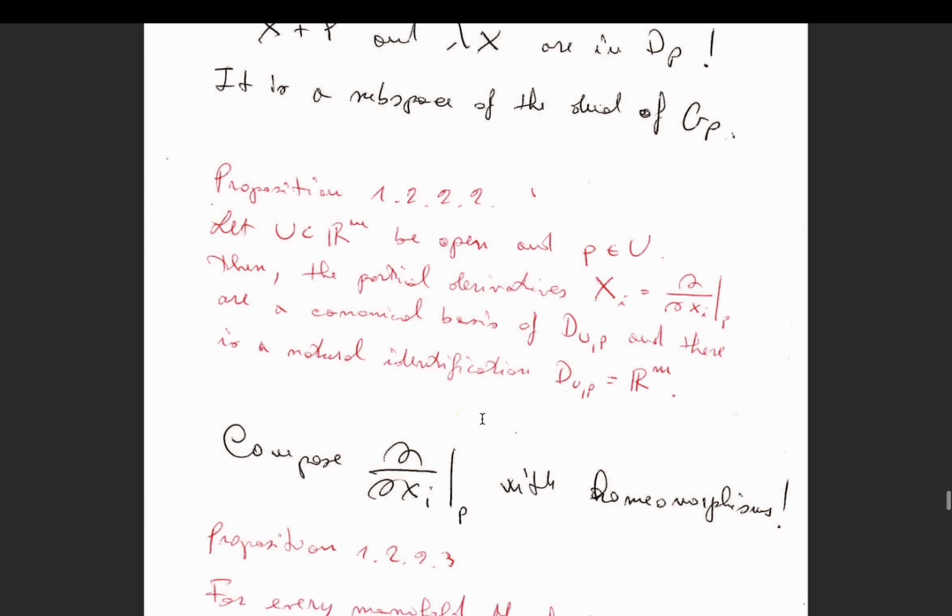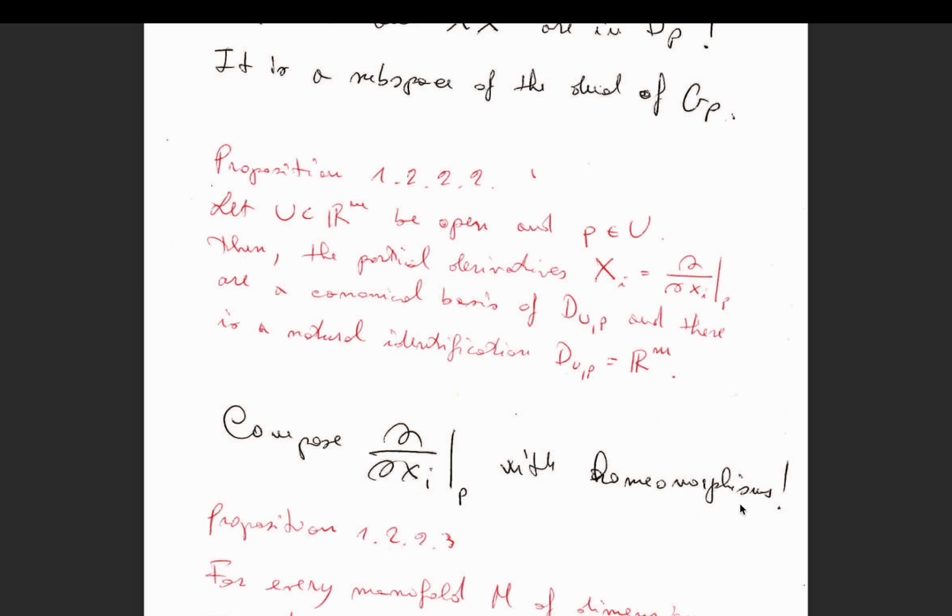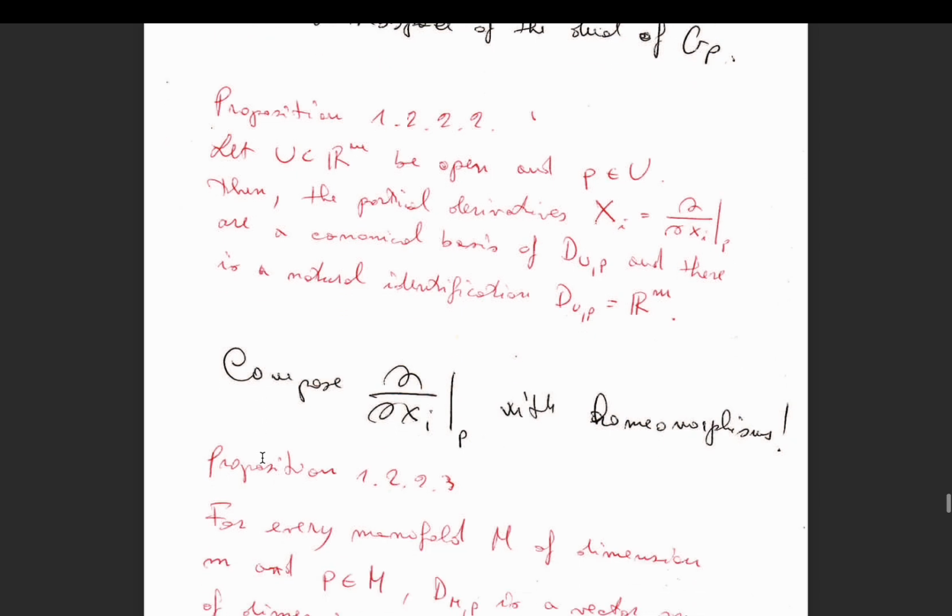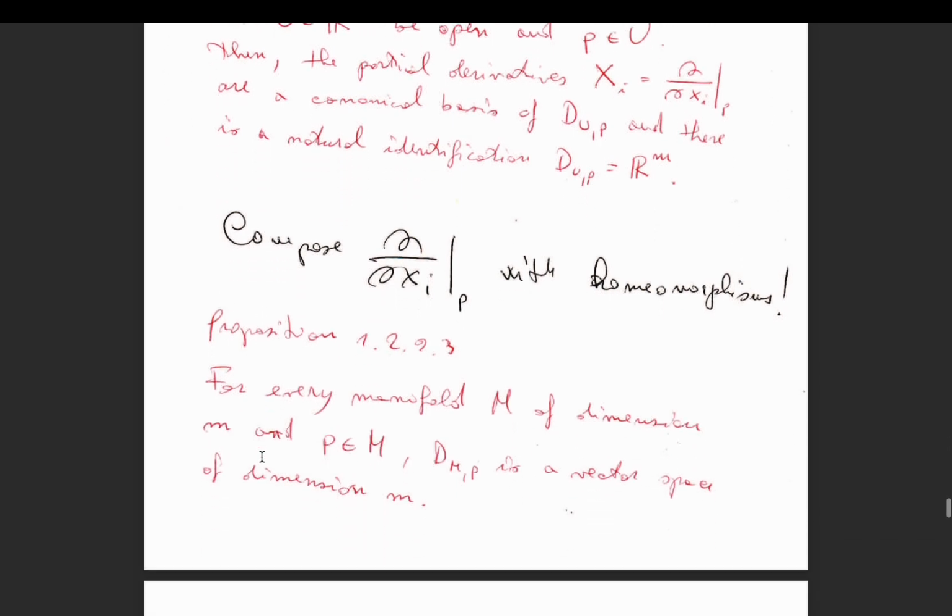Now, by composing with homomorphisms, starting from the partial derivatives, we can build a basis for the space of derivations at a point P of a given differentiable manifold.